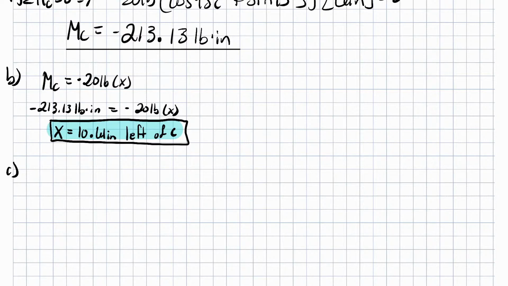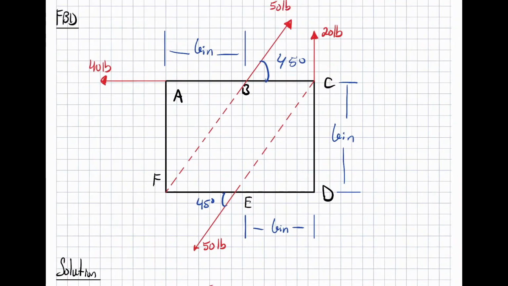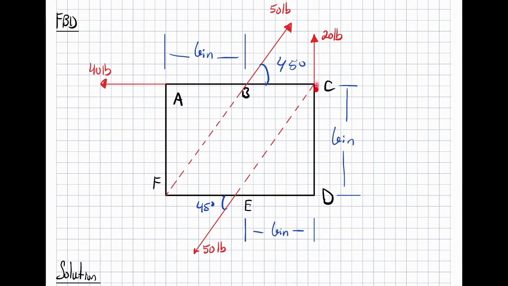And for part C, for point C, same equation, Mc, but now we're going to take the y consideration. So we have 40 pounds times the y direction. If you look, we have the perpendicular distance for the y direction, and then the perpendicular force is going to be the 40 pounds.